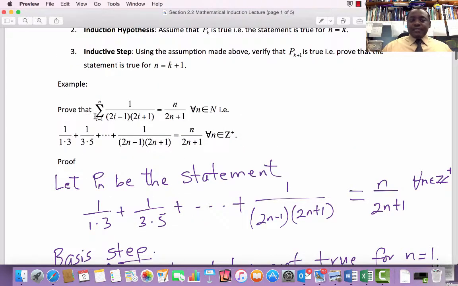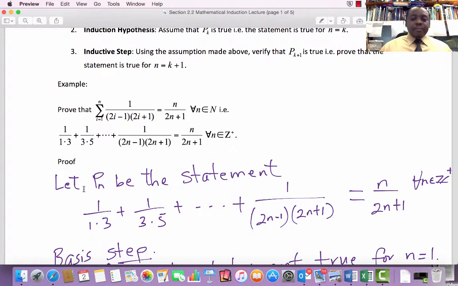Example: prove that the following statement is true for every n in N. N is the set of natural numbers, which is also the same as the set of positive integers. Or we can write it in the expanded form. Prove that this given statement right here is true for every positive integer.